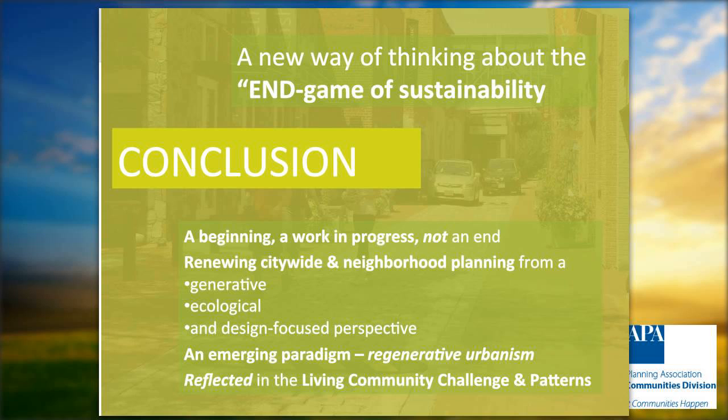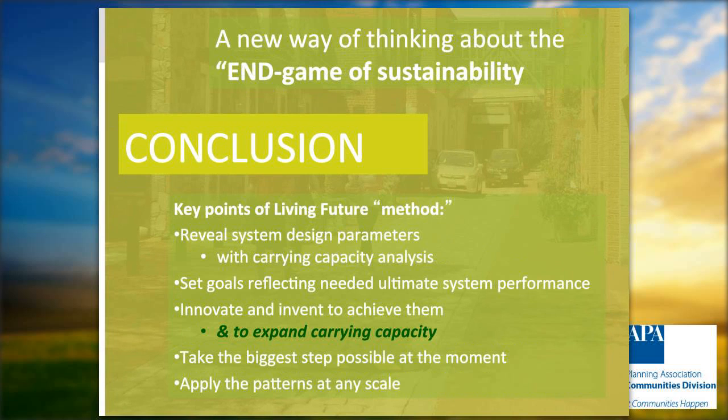In terms of the method, a few key takeaway points: reveal the system design parameters with the carrying capacity analysis, set goals that really reflect the needed ultimate systems performance as a spur to innovation and as a compass, and innovate and invent to achieve those goals, that systems performance we need, and to expand the carrying capacity, which is a key aspect of the challenge ahead. And obviously take the biggest step possible at the moment and apply the patterns at any scale.